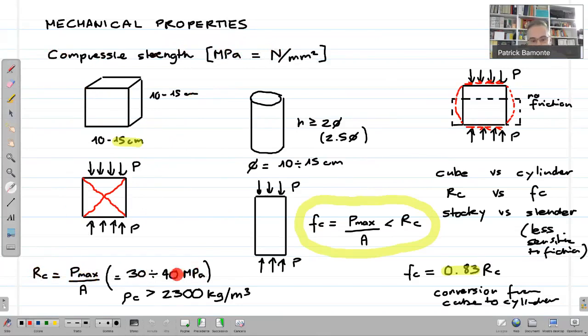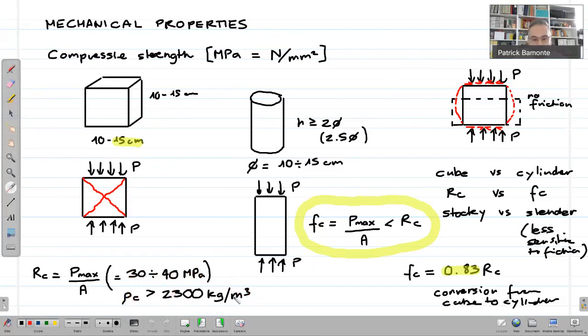Typical values of compressive strength, again, to give you an idea, to make, for example, the comparison with steel, whose yield strength, the one we saw in the first part, is typically something around 250 megapascals or so.